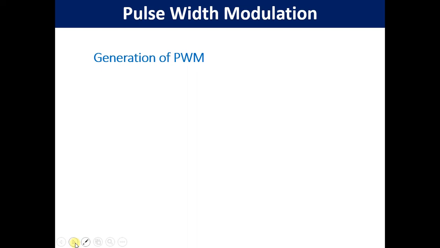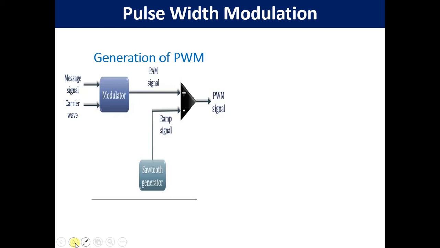Let us understand the basic generation concept of PWM. We know that PWM reduces the average power delivered by an electrical signal by converting the signal into discrete parts. In the PWM technique, the signal energy is distributed through a series of pulses rather than a continuously varying analog signal.